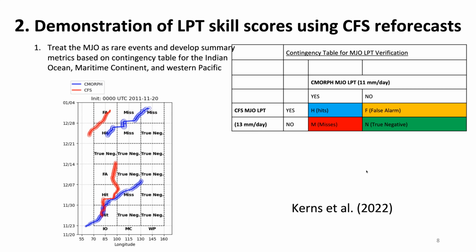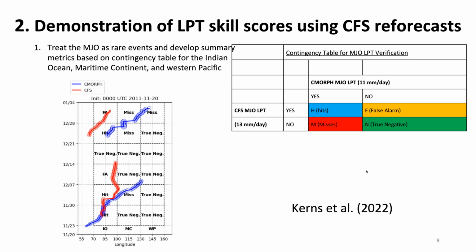The map to the left just demonstrates how you judge in terms of these 4 scenarios. You can see that the time is going from bottom up, and the axis is longitude. The red is forecast, blue is observations. So over the Indian Ocean at the beginning, this particular forecast pretty well hit the observed MGO events. And then later on, the observed MGO event propagated eastward, but the forecast event stalled, did not propagate.